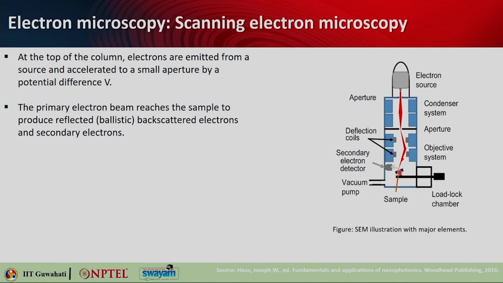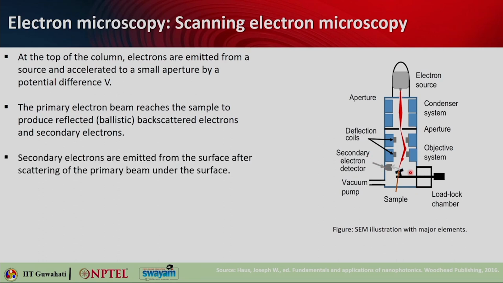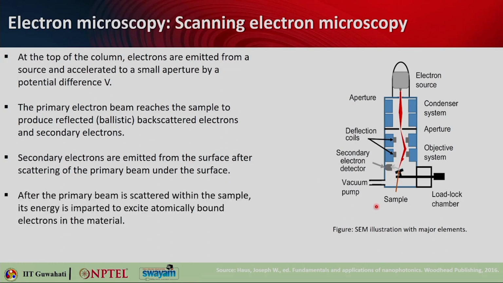Primary electrons will come and hit this, and they will produce reflected, or you can say ballistic backscattered electrons, and secondary electrons. Secondary electrons will be emitted from the surface after scattering of the primary beam under the surface, and after the primary beam is scattered within the sample, its energy is imparted to excite atomically bound electrons in the material, and this will be done under vacuum.